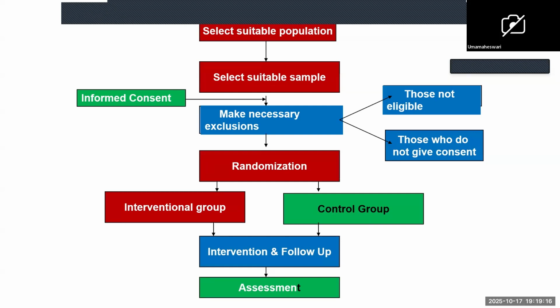The control should have the standardized treatment, because not giving the standardized treatment is also unethical. So your intervention should be above the standardized treatment. All patients will similarly receive the standardized treatment, and the intervention group will receive your additional intervention. This is an important point you should remember.